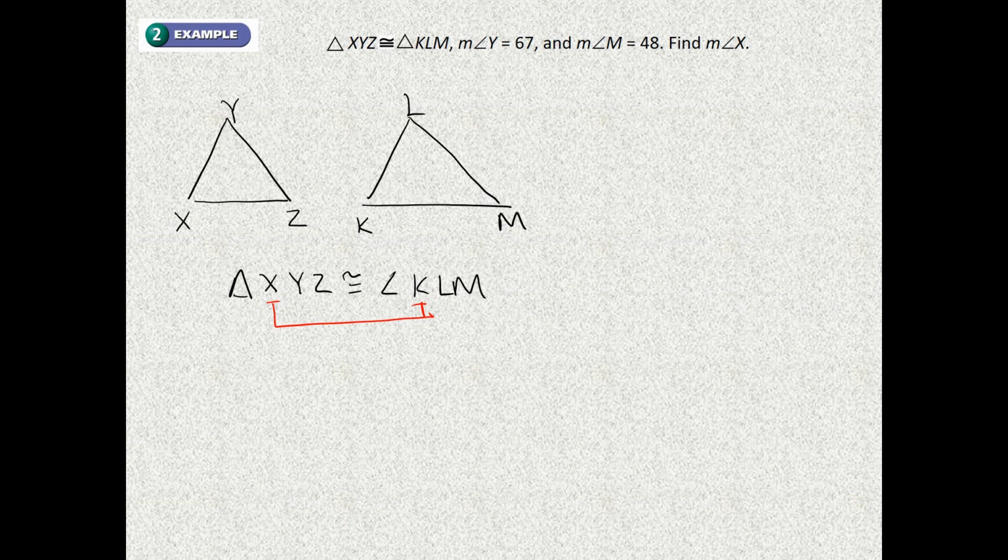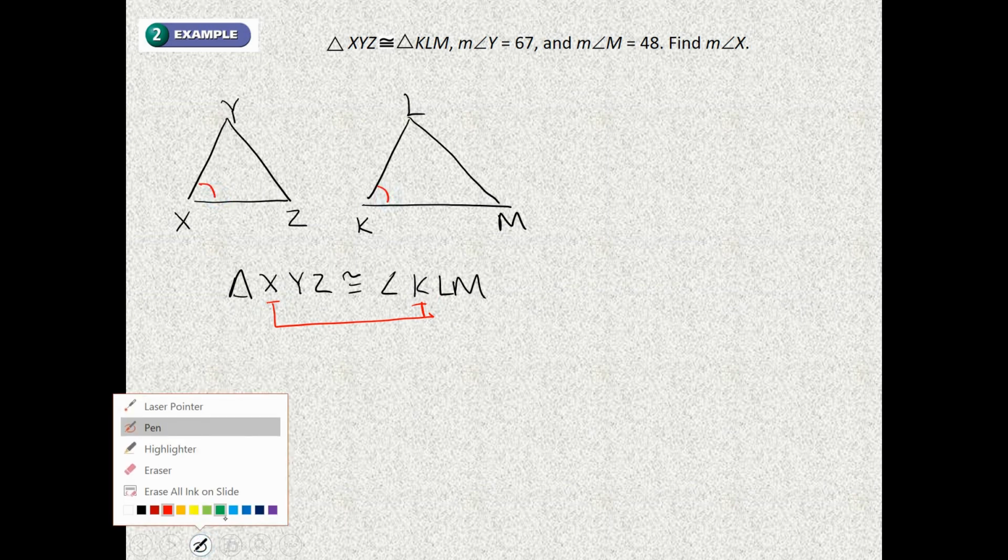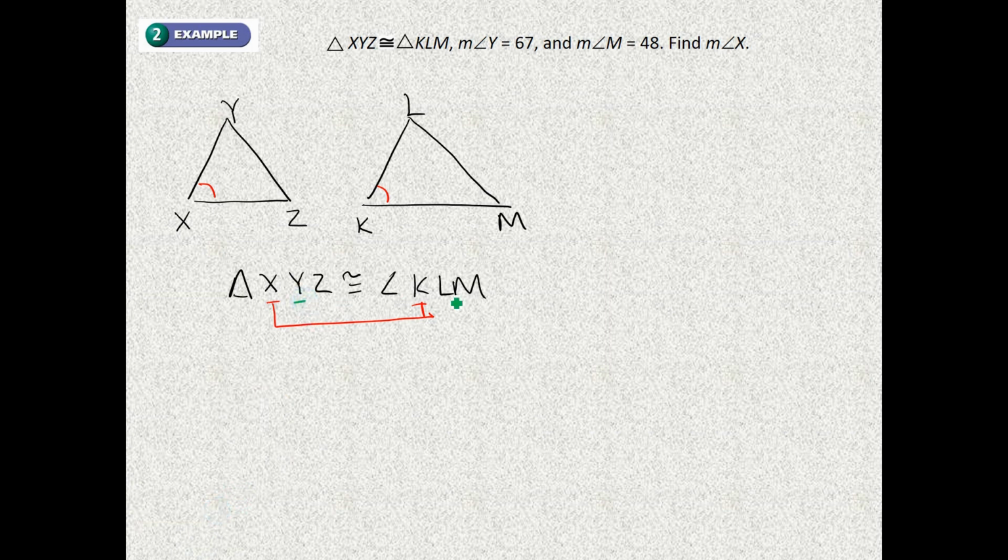X and K correspond, so they're congruent. I have that Y and L correspond, so those angles are congruent. And I also would have that Z and M correspond, so those angles are congruent.